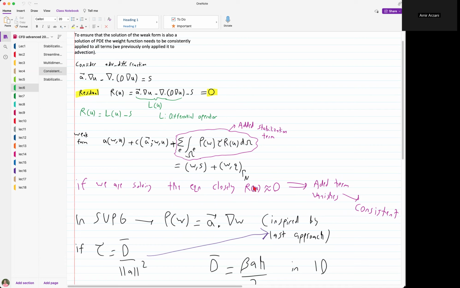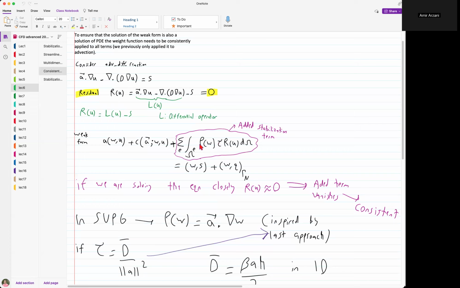Okay, so as my residual approaches 0, the effect of added stabilization or artificial diffusion, whatever you want to think about it, becomes smaller and smaller, and it vanishes. So that's the consistency. Now, the tau parameter is a free parameter that I'll talk about in a moment.